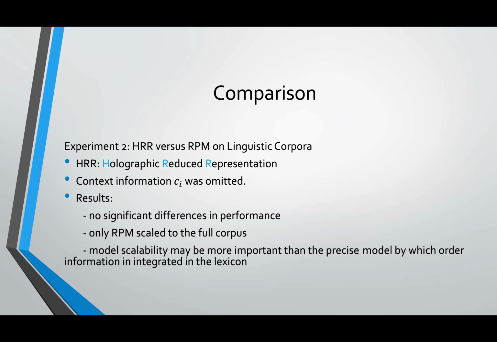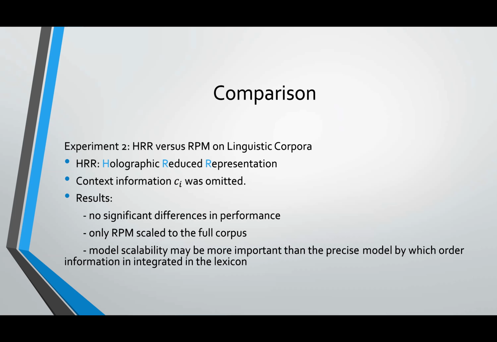Okay, next. So experiment 2. In this experiment, the context information was deliberately omitted to focus solely on how each model encodes order information. When we compare the performance of HRR and RPM models, there were no significant differences in their performance on a smaller dataset, as we mentioned earlier. This means that both models are equally capable of handling ordered information in linguistic data on a smaller scale.